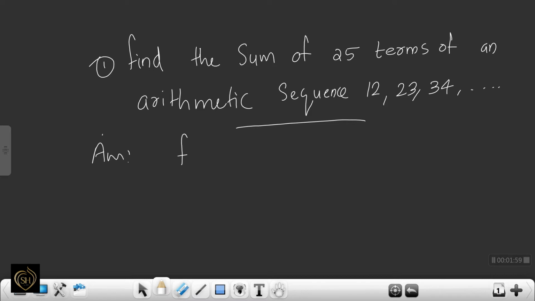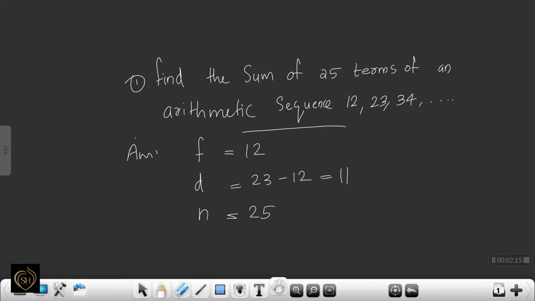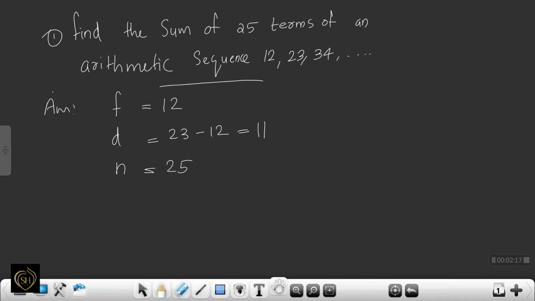Clearly we have the first term f is equal to 12 and the common difference d equals 23 minus 12, which is equal to 11. Now here n is equal to 25. That is, we want to find the sum of 25 terms of this sequence, which we can represent by S25.